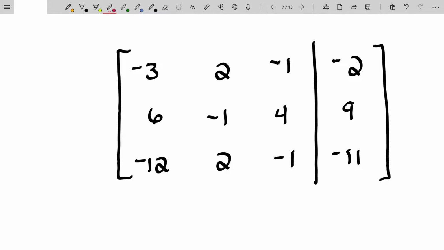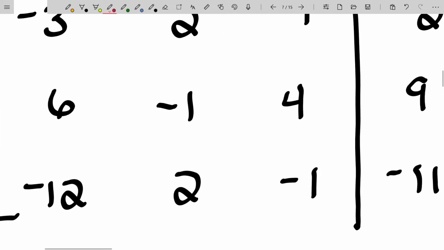If there is a way, by the way, to, let's say, force that to be a 1 without getting fractions, so in other words, divide by 6 that entire row. If you divide that entire row by 6 and you don't get fractions, then do it and swap rows 2 and 1. But again, in this case, if I divide that middle row by 6, I will get fractions.